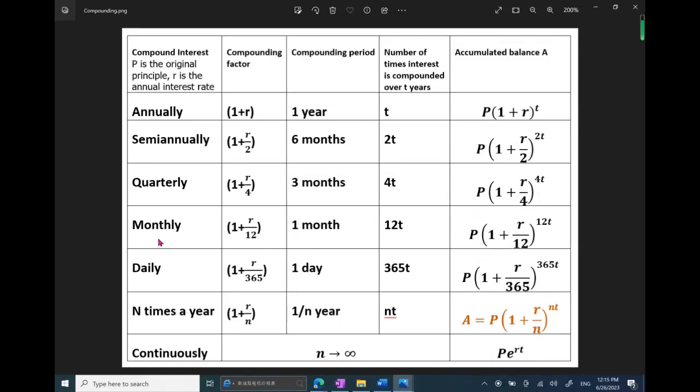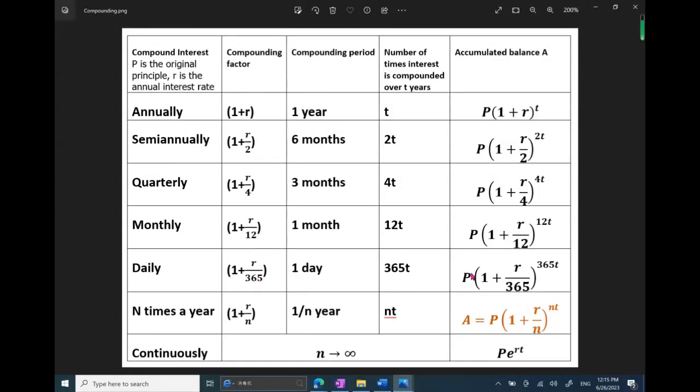If the interest in the account is compounded monthly, once a month, then the corresponding compounding factor is 1 plus monthly interest rate. If the interest is compounded daily, then the compounding factor is 1 plus daily interest rate.